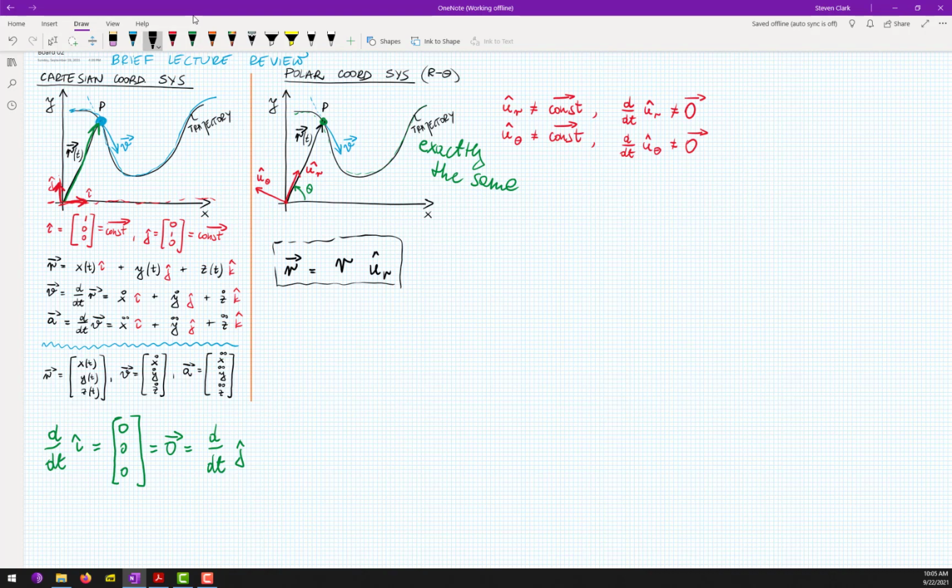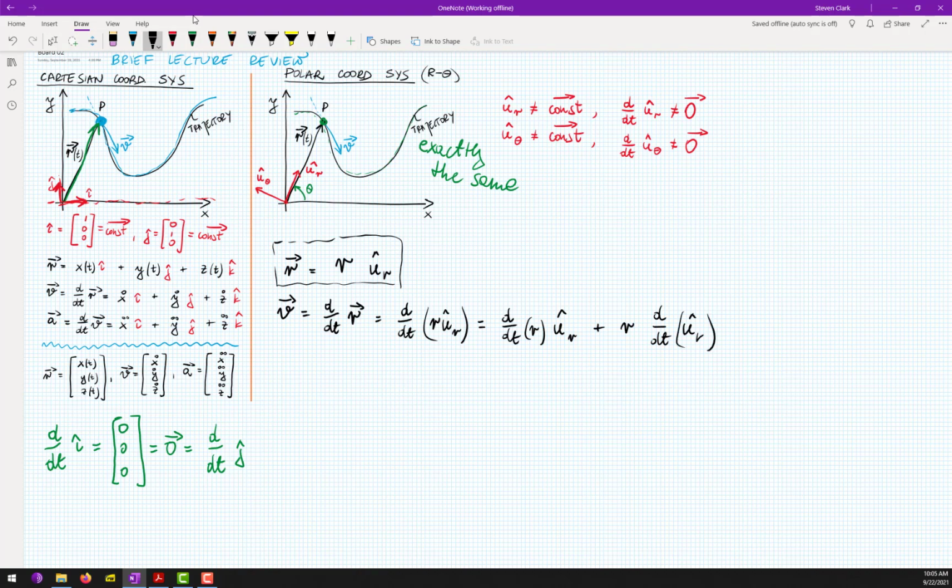Now velocity: the definition is exactly the same. Regardless of what they tell you, your definition is the same. Velocity is always the first time derivative of position. So it will be the first time derivative of that, and this is the product rule. That would be d dt of r, times ur, plus r d dt of ur.